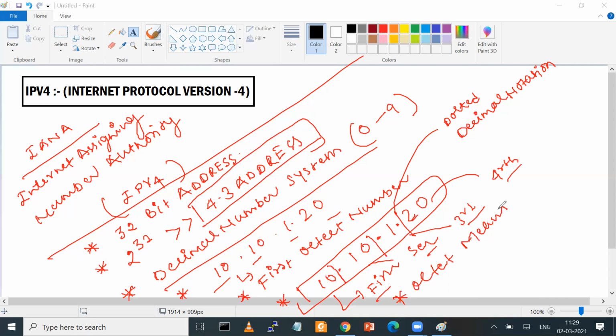An octet means combination of 8 bits, or you can say octet का मतलब होता है 8 बिटों से मिलकर बना कुछ भी.